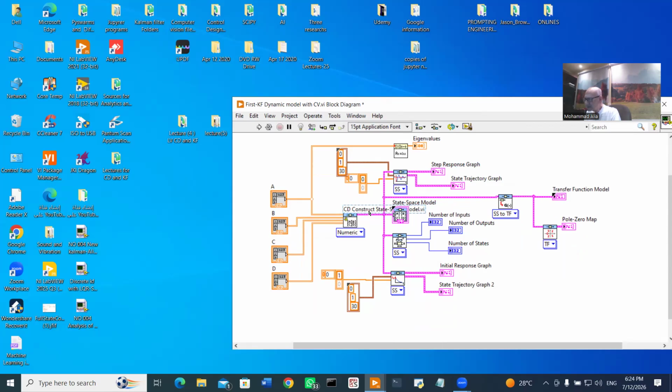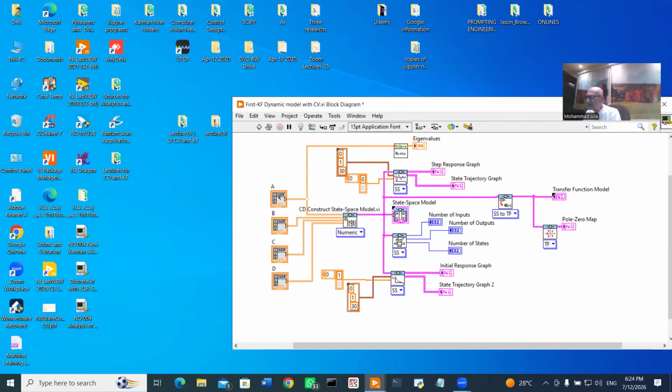We construct the state space model, and to construct this state model completely, you need to define the matrices A, B, C, D.